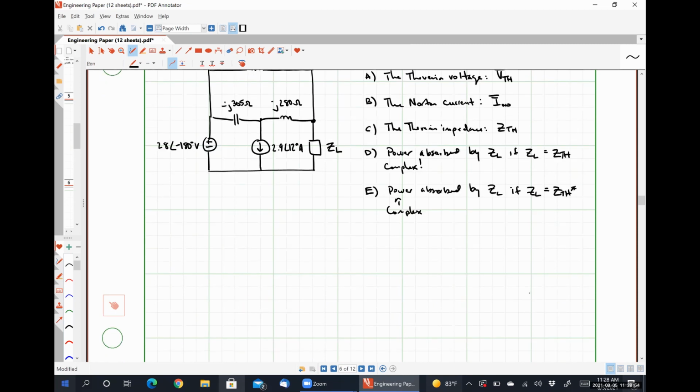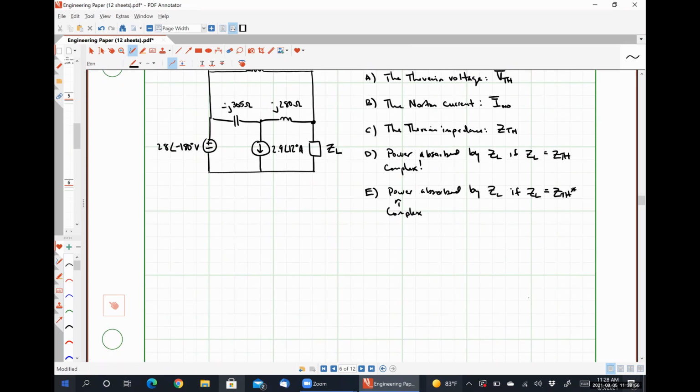So to calculate our Thevenin voltage, I'm going to redraw our circuit with our ZL taken out. Here is our 200 ohm resistor.